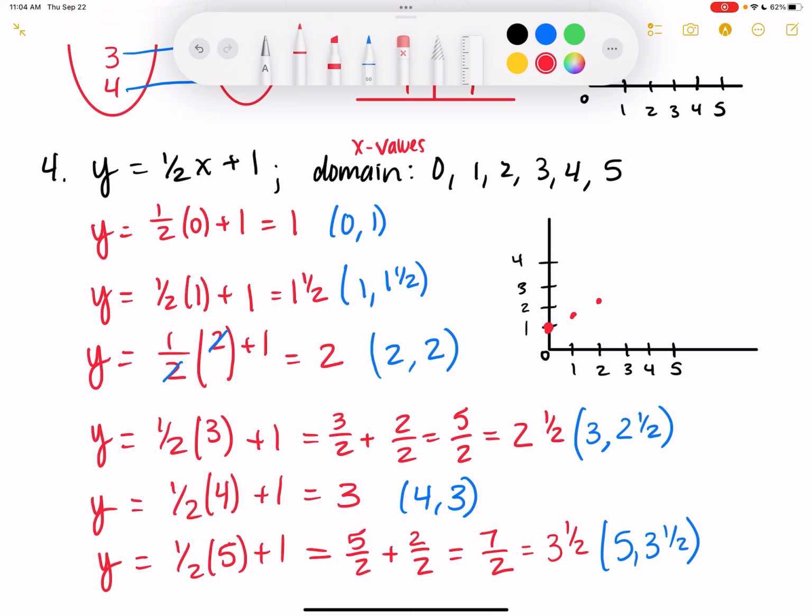Then x is 3, y is 2.5. The next one, x is 4, y is 3. And the last one, x is 5, y is 3.5. So it should look kind of like a line there, more or less.